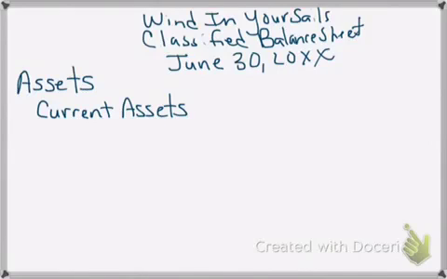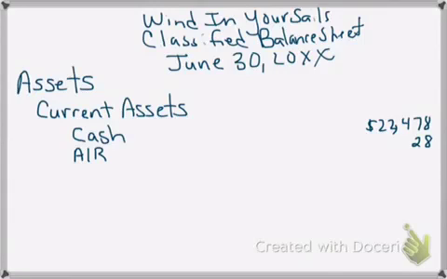The current assets that we have here, we have cash, and it is valued at $22,478, which is what's on our adjusted trial balance. We have accounts receivable, which is at $28.